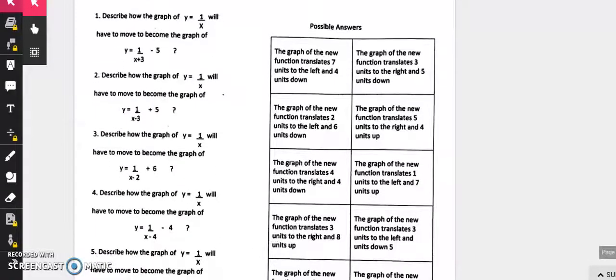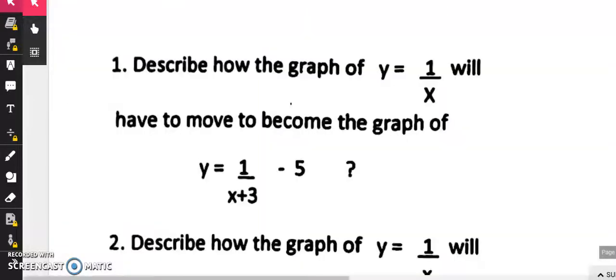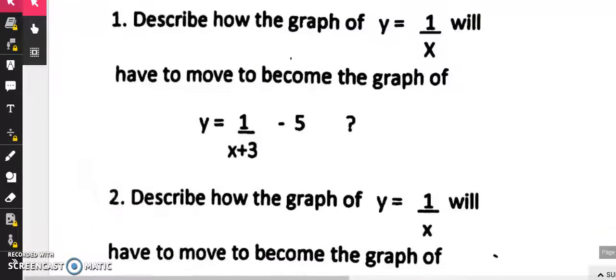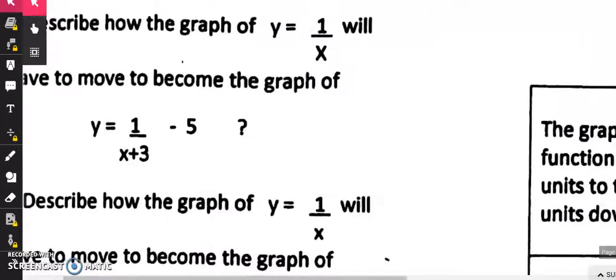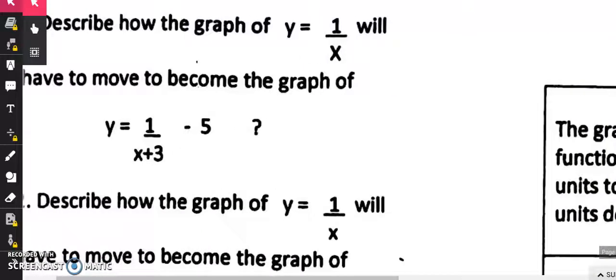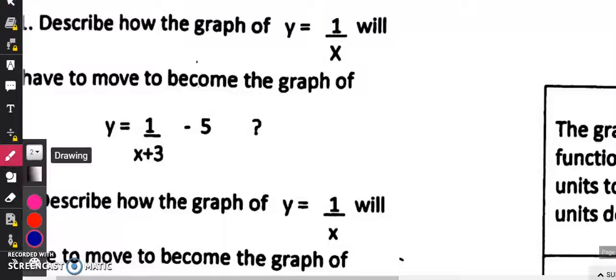So another thing that we'll need to be able to do is look at the equation and determine what the shifts are just based on those numbers. If I see the denominator of the fraction has a plus 3, remember that our vertical asymptote is going to bring that to 0.